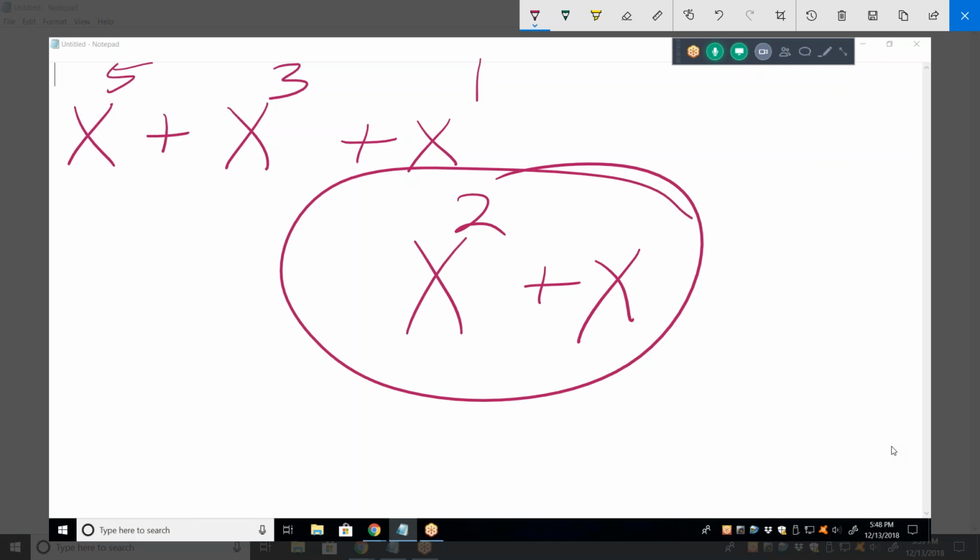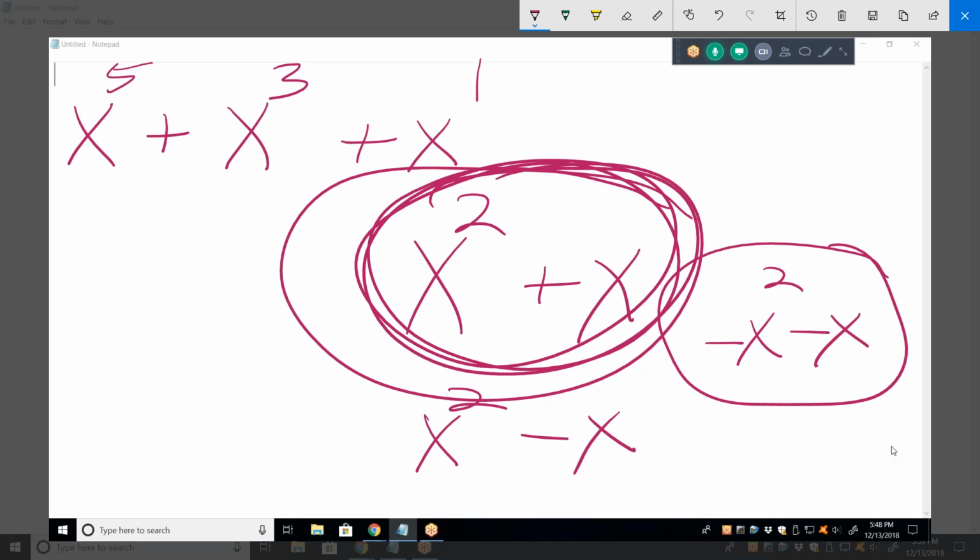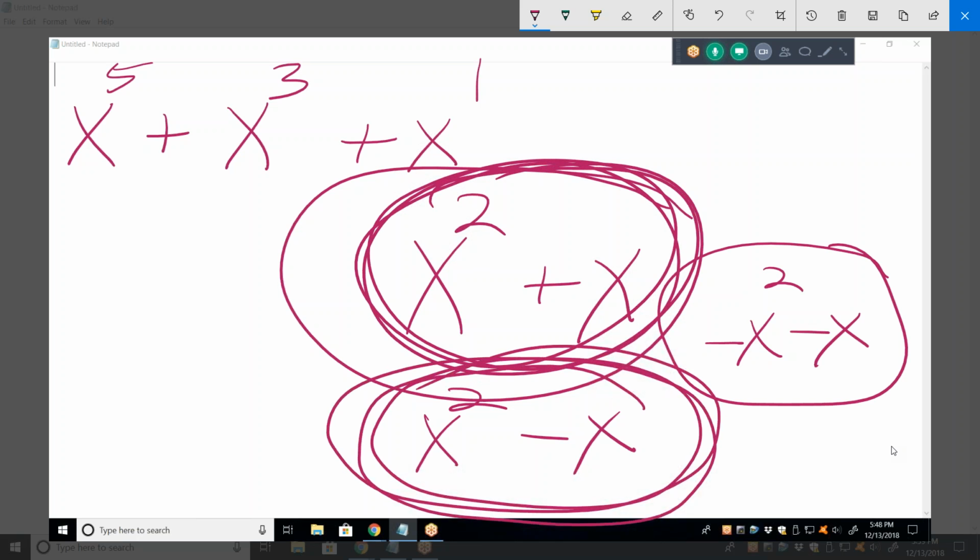Because notice that when I plug in minus x for x, I still get x squared, but I get minus x, which is neither f of x nor minus f of x. Minus f of x would be minus x squared minus x. Plus f of x would be that. So this thing that I get when I plug in minus x for x is neither.